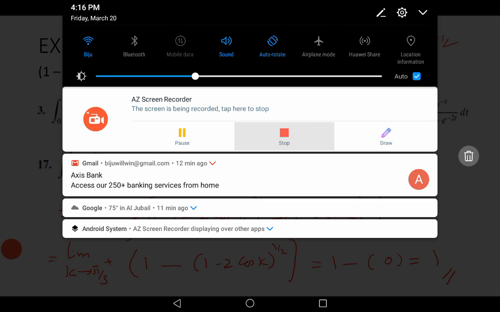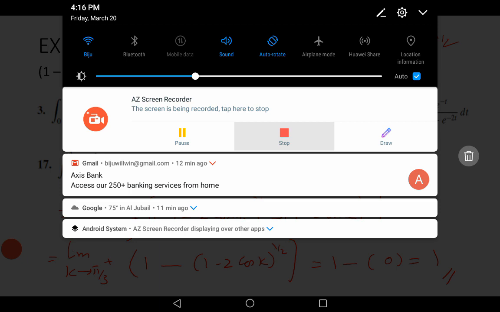Here there is a power 1 by 2. Now what happens? Cosine pi by 2 is 0, so this is 1 to the power half, minus 1 minus 2 cosine k to the power half. Now k is pi by 3.